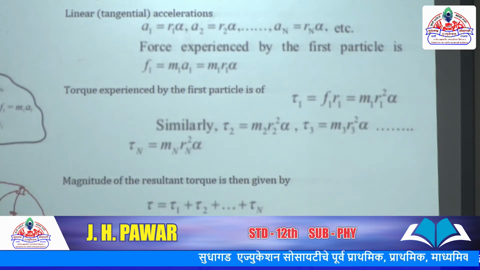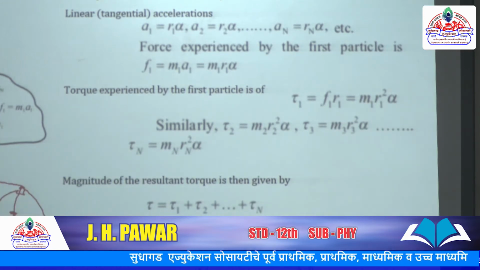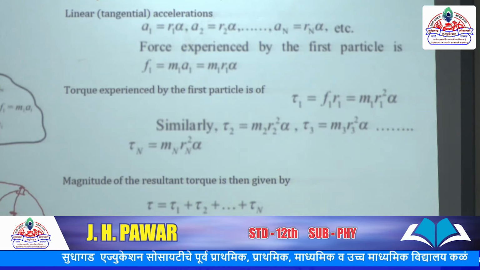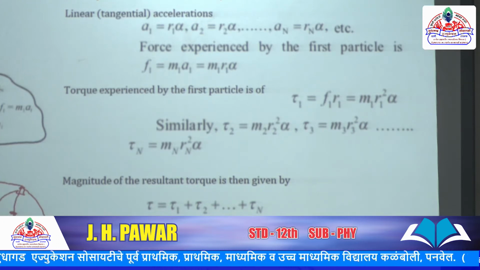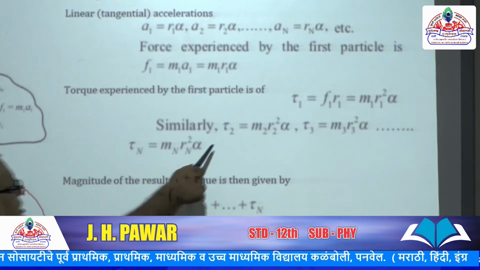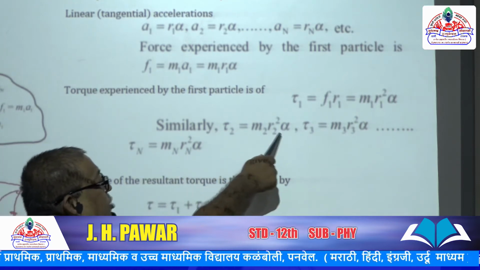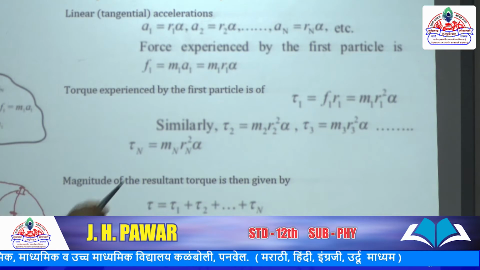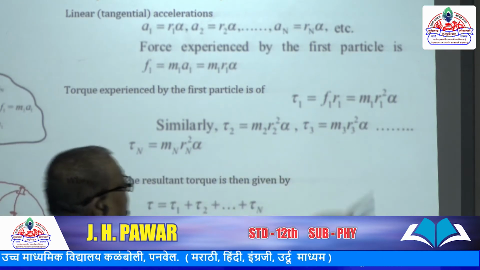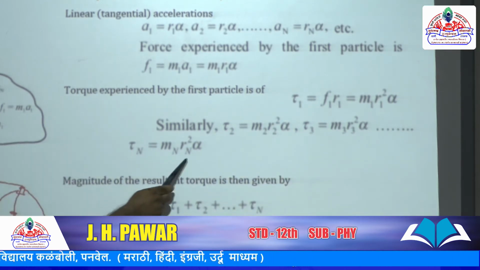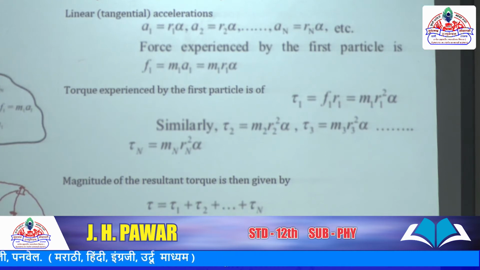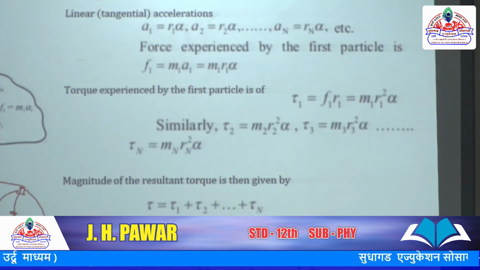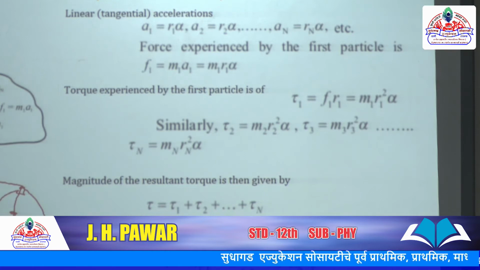Similarly, we can calculate the torques, or moments of force, acting on the other particles. Tau 2 equals m2 r2 square alpha, tau 3 equals m3 r3 square alpha, tau n equals mn rn square alpha, and so on. These torques acting on each particle are in the same direction when the object revolves in the same plane.